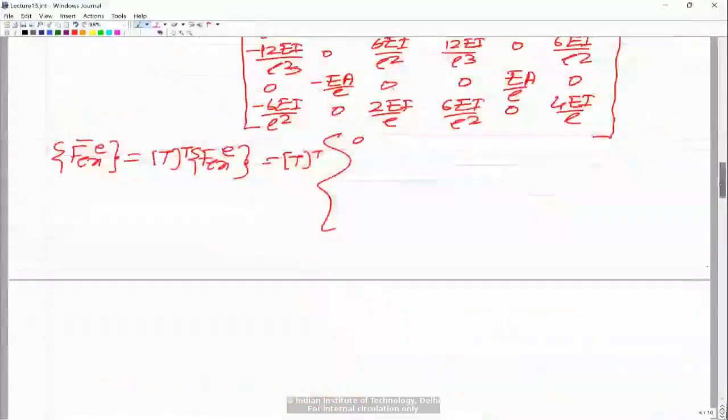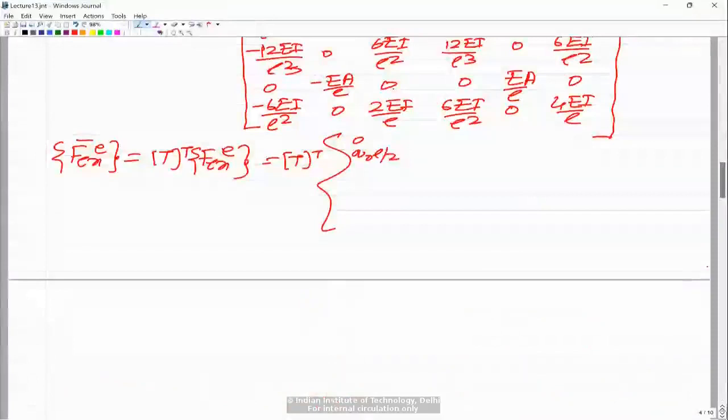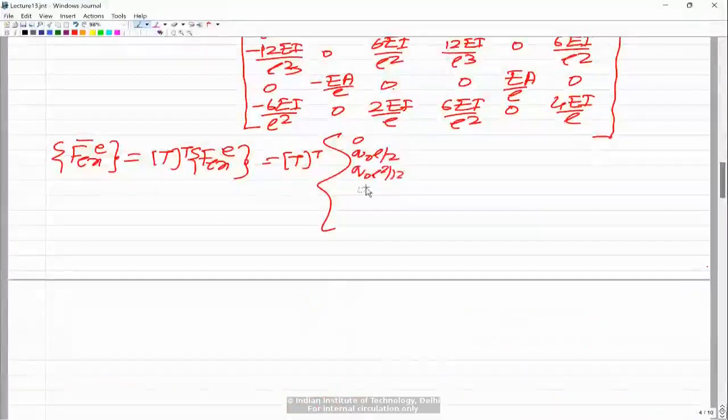So you will find that in the local coordinate system, the load vector would be q naught L by 2, q naught L square by 12, and then this term is again 0, and then we will have q naught L by 2 and q naught L square by 12 with a minus sign.